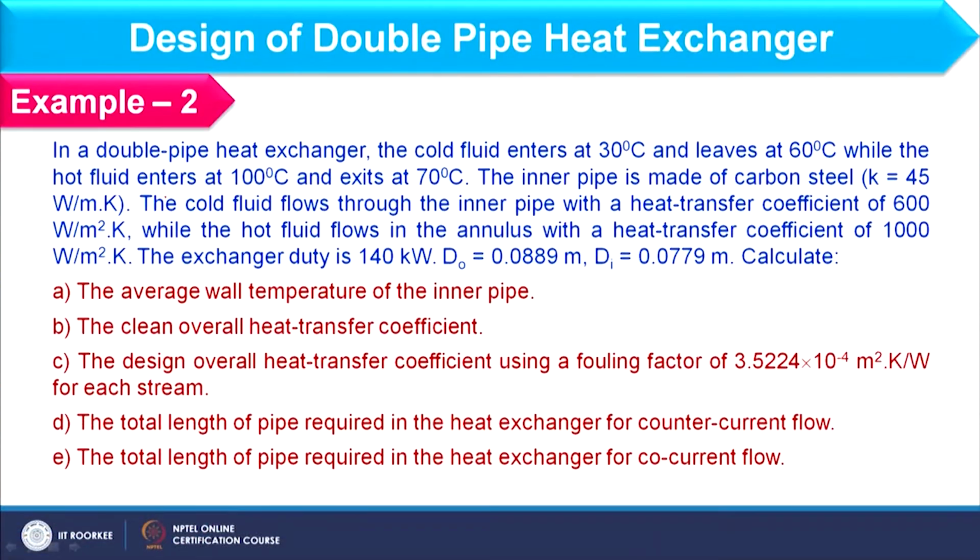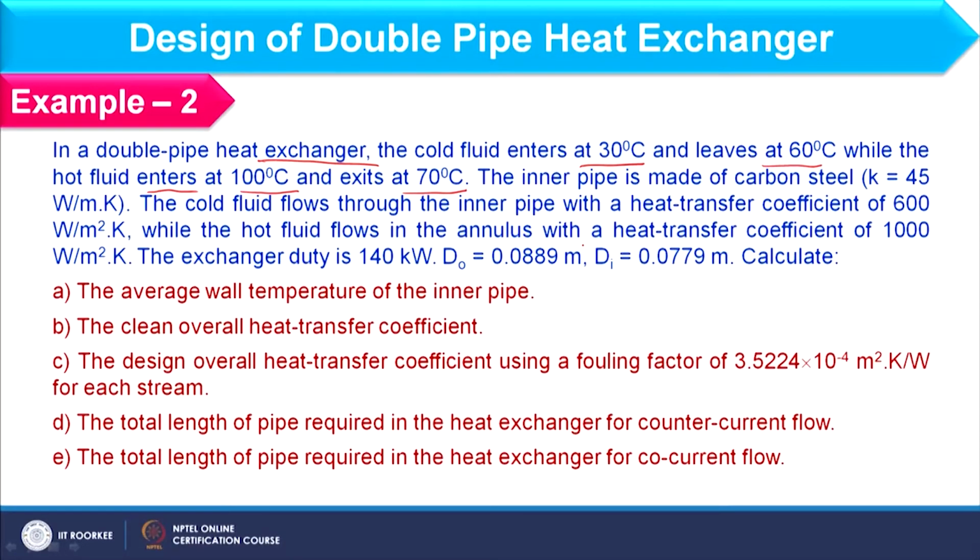Now, in this example, a double pipe heat exchanger is given where cold fluid enters at 30 degrees Celsius and exits at 60 degrees Celsius, while the hot fluid enters at 100 degrees Celsius and exits at 70 degrees Celsius. So, both fluids' terminal temperatures are given to us.